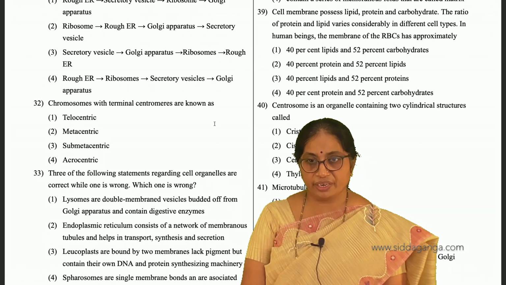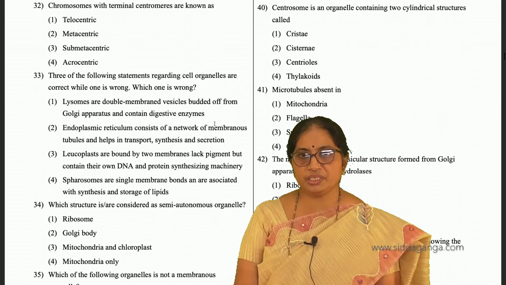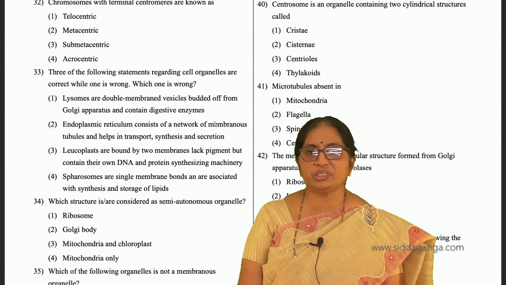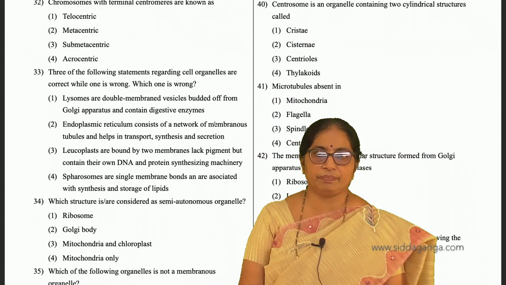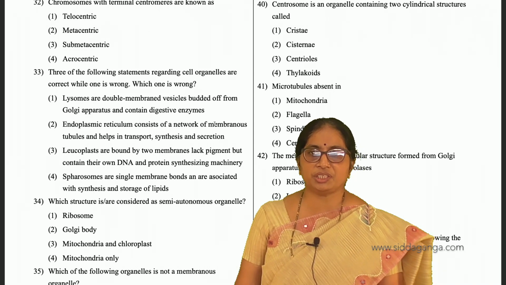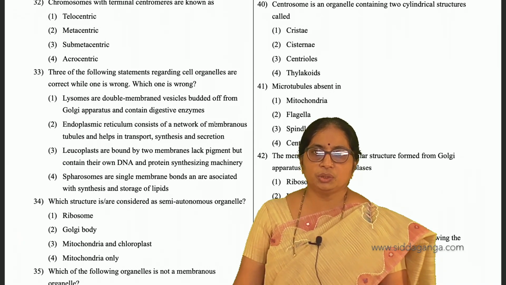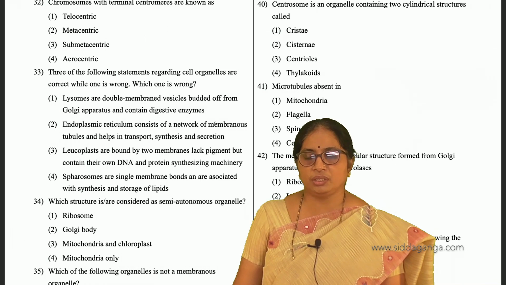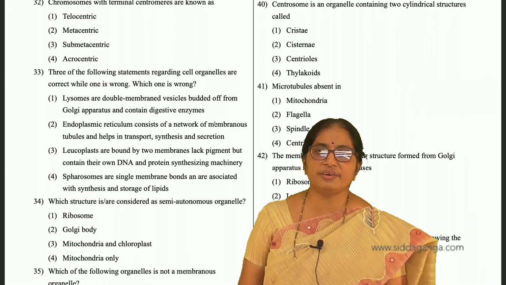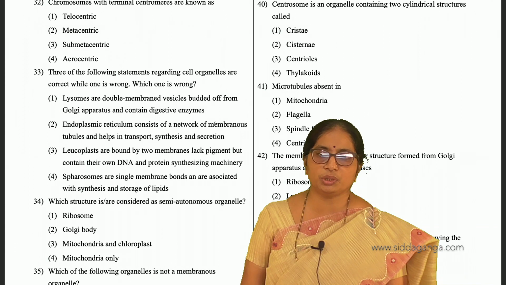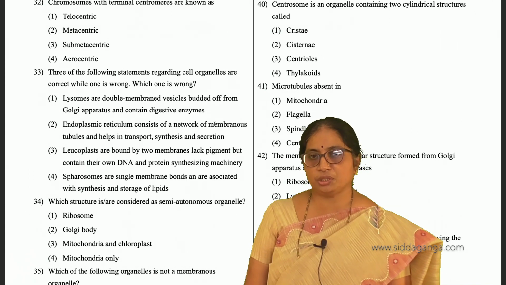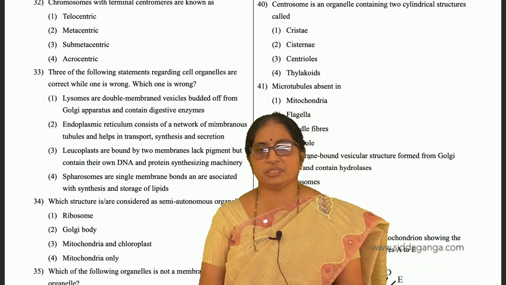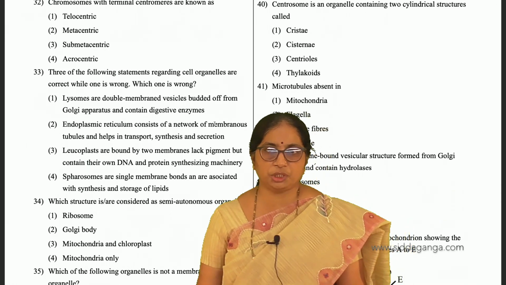Next question. Centrosome is an organelle containing two cylindrical structures called cristae, cisternae, centrioles, thylakoids. So, the answer is centrioles. Centrosome has two cylindrical structures which are called centrioles, and we also have studied the structure of a centriole which resembles the cartwheel structure.